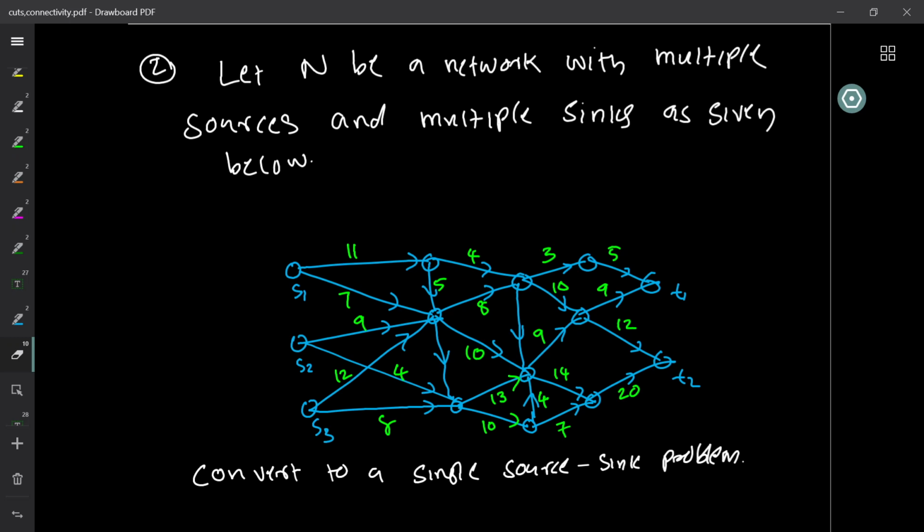I mean, we may not get exactly the same flow. It doesn't matter, the flow may be different, but the maximum value of the flow will be the same. That's what I wanted to say. So the value of the flow must be maintained, and with respect to that constraint, how do you convert this to a question of a single source, single terminus question? Okay, so think about that.